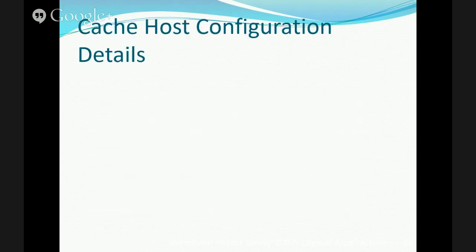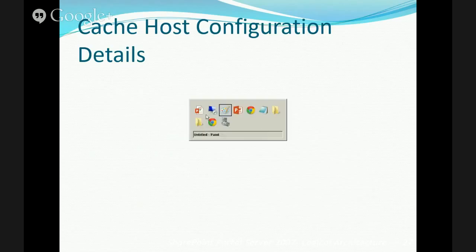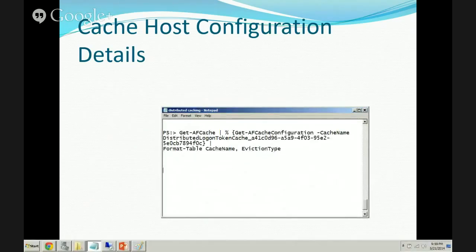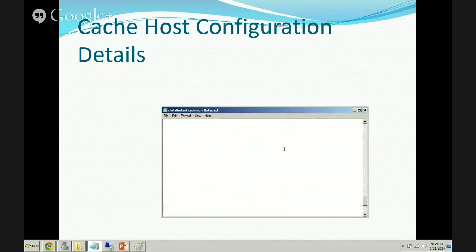Okay. Now there are different levels at which we are looking at having some kind of configuration. So what are the levels we are looking at? We are looking at configuration first at the host level. Host level is who is going to be hosting the cache.